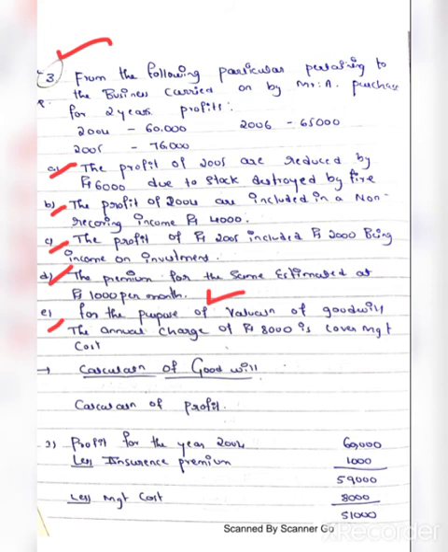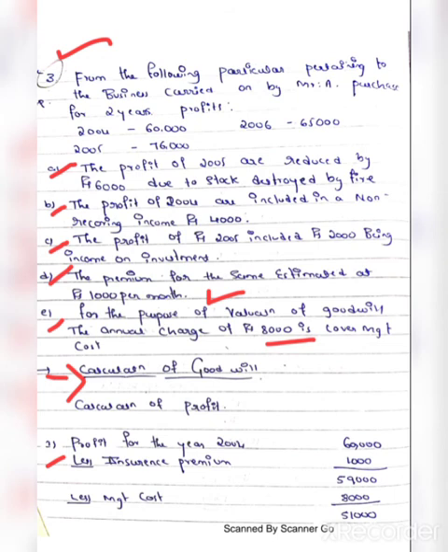Okay, so final answer, calculation of goodwill. Calculate means actual profit find out. So first year profit for the year 2004 rupees 60,000 less insurance premium rupees 1,000, next 59,000. Next less management cost rupees 8,000, means it is the last fifth point, rupees 8,000 is also taken here, every year's management expenditure.